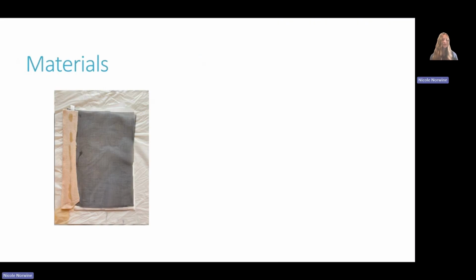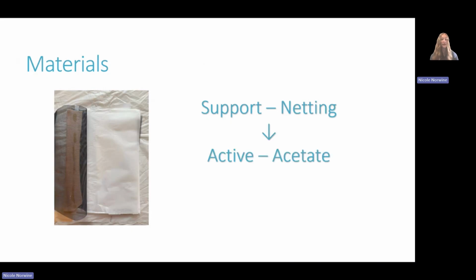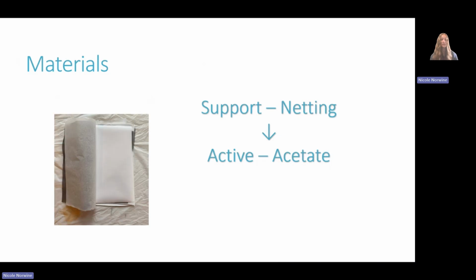So let's look deeper into the membrane I used to simulate a polymer membrane based off of what would be industrial standard and in the background research. The first layer would be the support. I used pool screening because that was what was available to me, and that simulated the netting or support layer of the membrane. The active layer would be the acetate sheet.